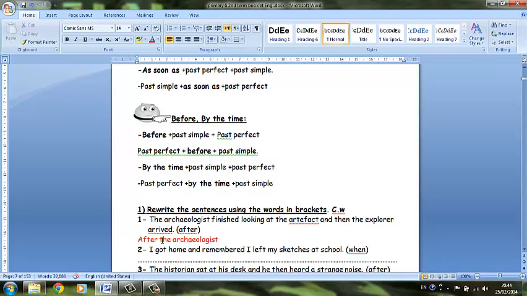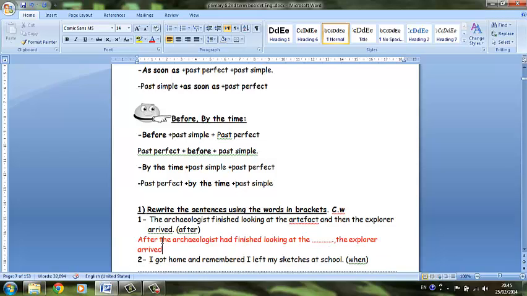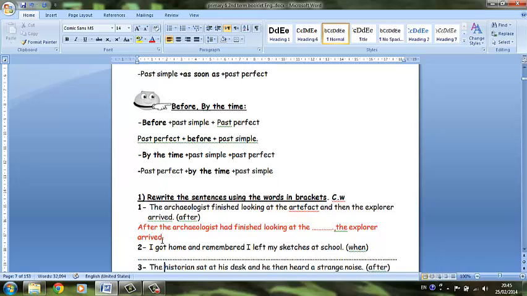No, after the archaeologist had finished looking at the artifact, what happened? I'm going to put a comma. What happened? The explorer came, and then I put, okay, it's not came, it's arrived. Yes, it's the same meaning. So it's arrived. Very good. The explorer arrived, and we put the full stop.